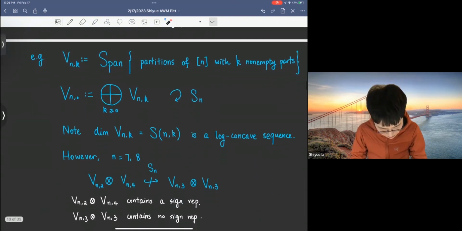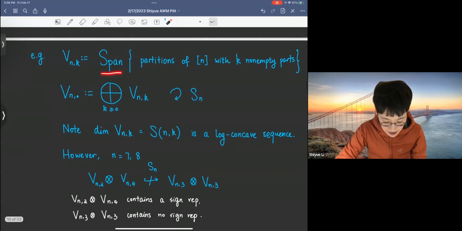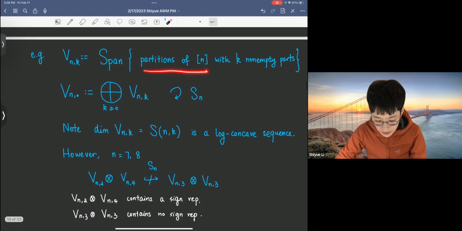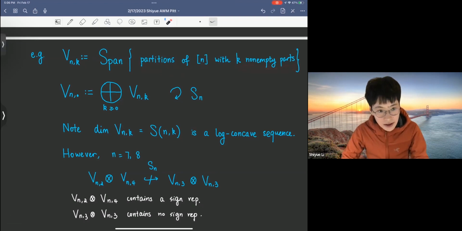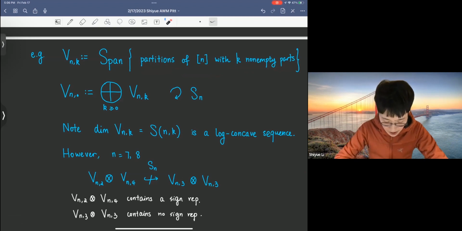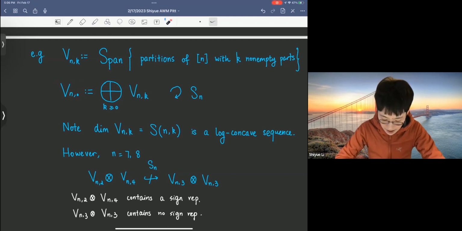Here's an example. If I form a graded representation by taking the partitions of 1 through n into k non-empty parts, and I take the span of all these partitions over your favorite field, this vector space admits a grading given by the cardinality of the partitions, and it also forms an Sn action by permuting the underlying partition.